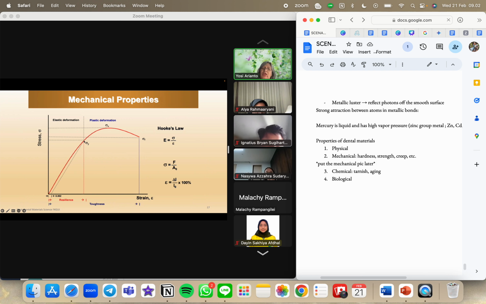If you release the stress here, this is the elastic deformation, so the material can return to the early condition. There is no permanent deformation; the deformation is only elastic until here.